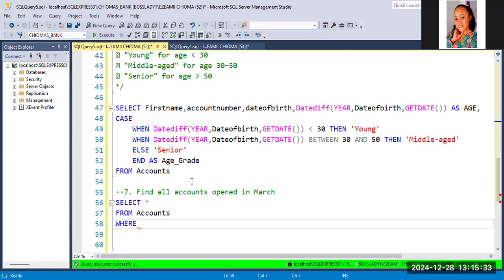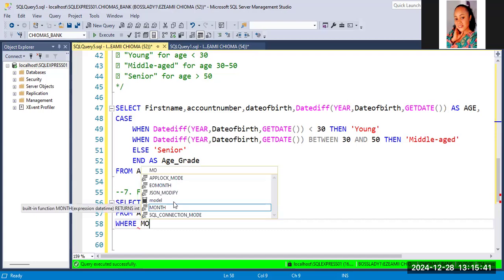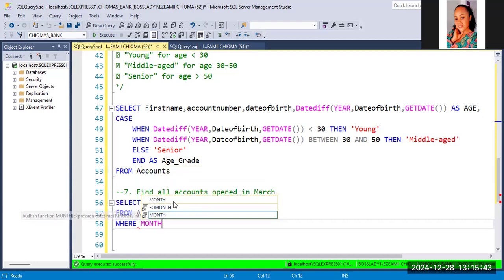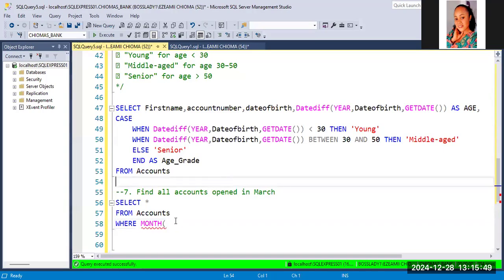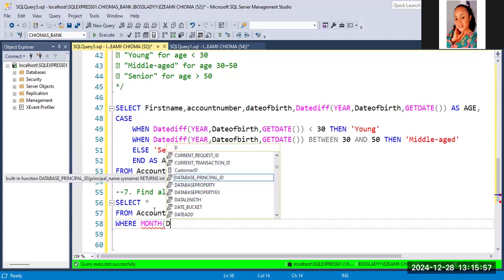So for us to know the accounts that were open in March, there is a faster and easier way to do that. For performance, we would just use the proper way, but because that's not the topic we're covering, we're working with pattern matching, we will not use this. According to the question, the column we should look at is the date the account was opened, right?